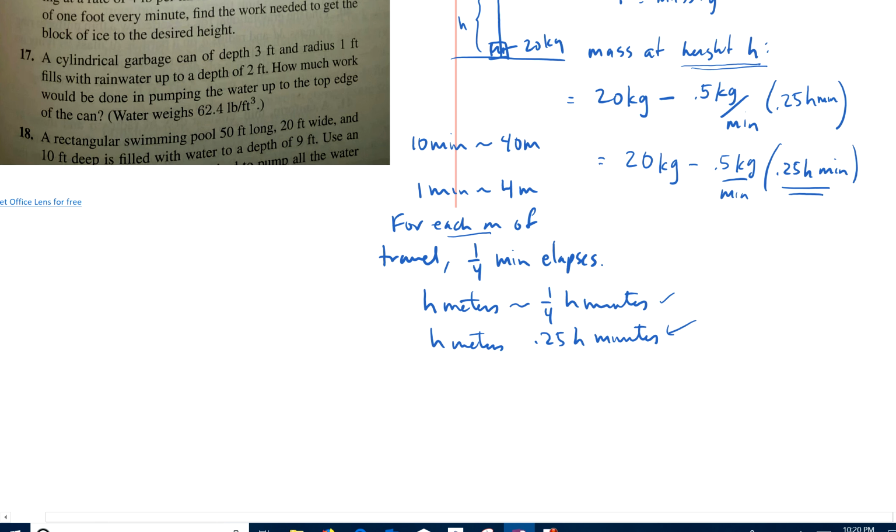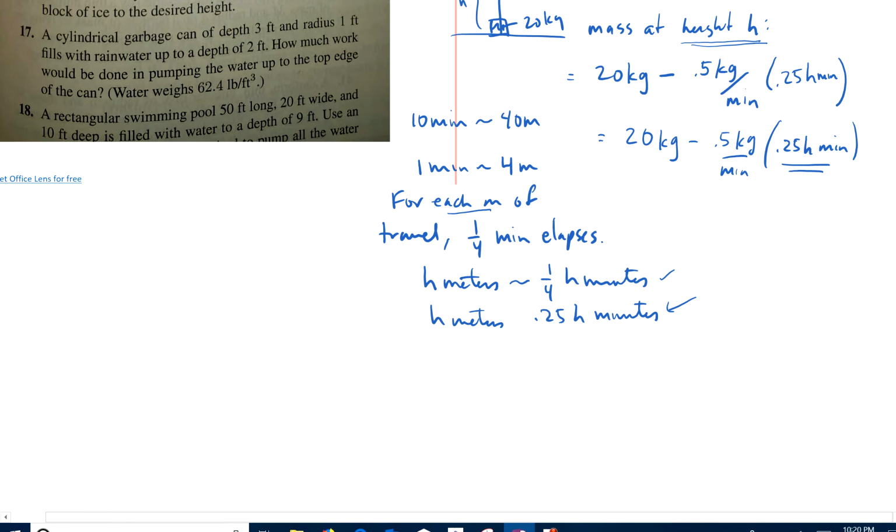So now that I do that, I can go on and figure out what the force is and go from there. So I'm going to go over here and say F equals mg, so that's going to be the mass, 20 minus 0.5 times 0.25 h, times 9.8.